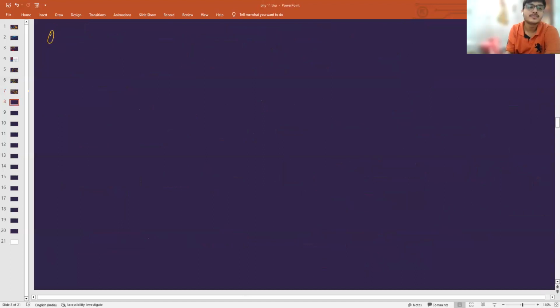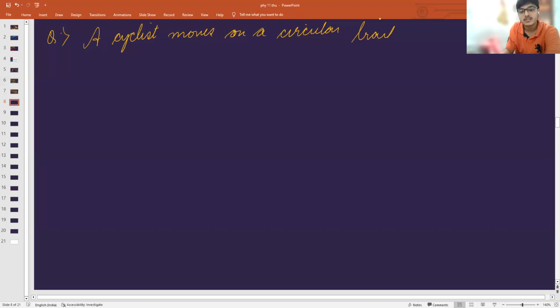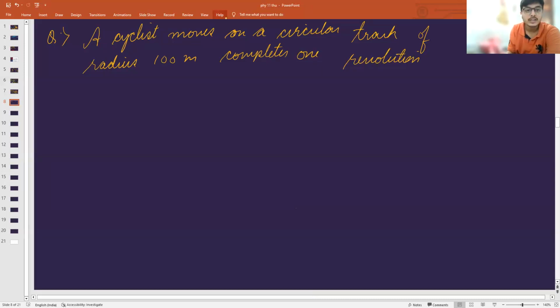Now the question goes like this: a cyclist moves on a circular track of radius 100 meters and completes one revolution in 4 minutes.